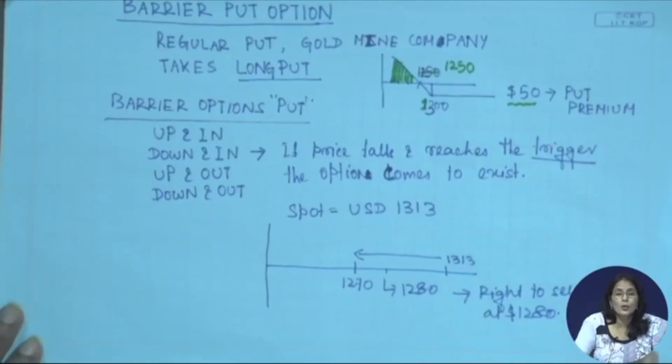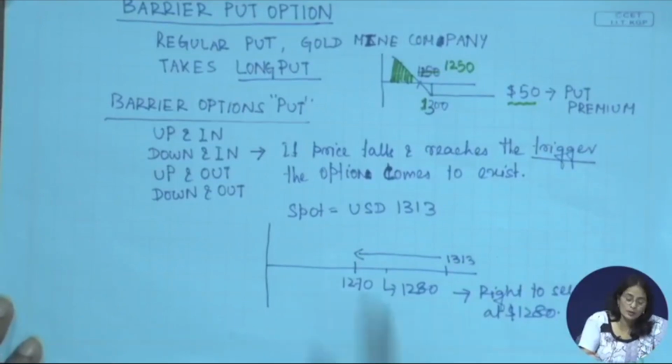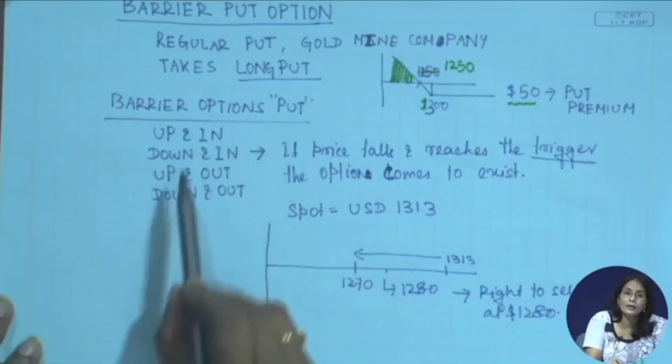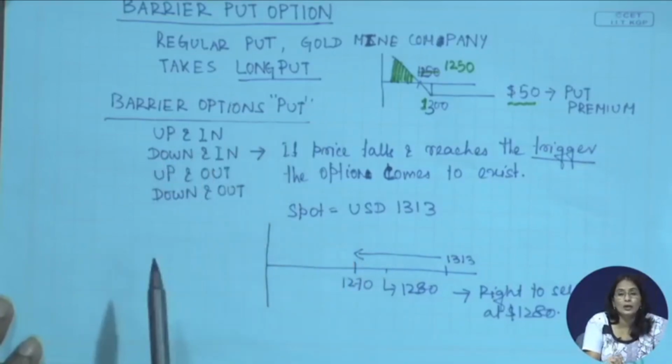Now let's go to what exactly is a barrier put option contract. Barrier options can be of many types. A barrier put option can be up and in, down and in, up and out, and down and out.